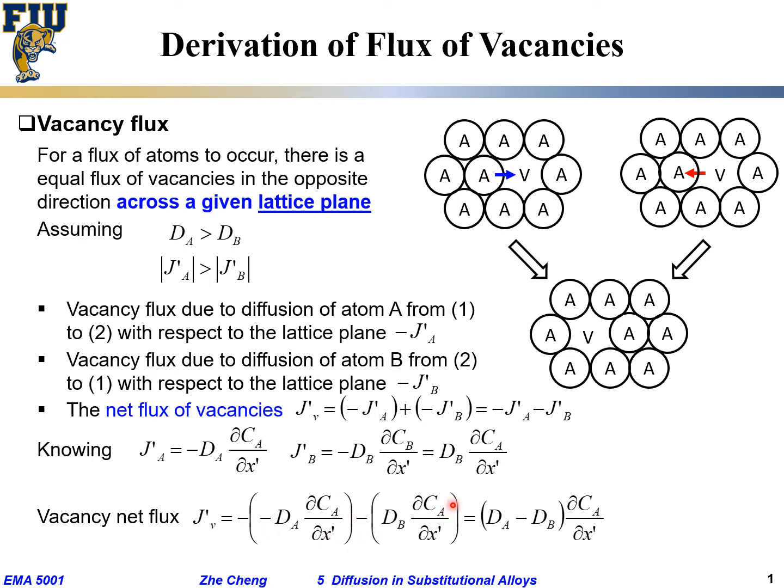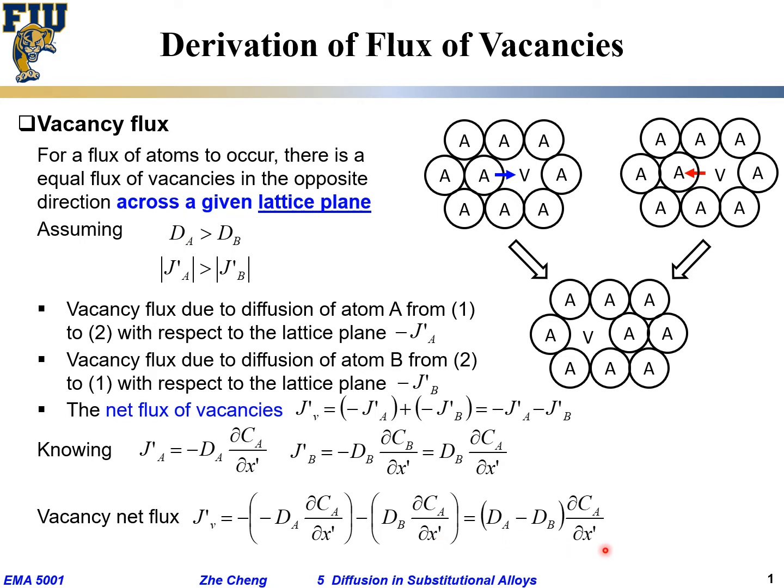CA prime, C X prime towards the end, minus dB, minus dB here. See it? Minus dB, minus dB. Minus minus dA become positive dA. And the differential term here and here are exactly the same. Okay, so this is the net flux.